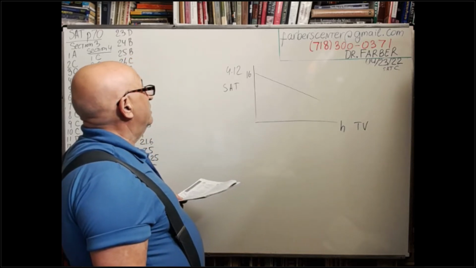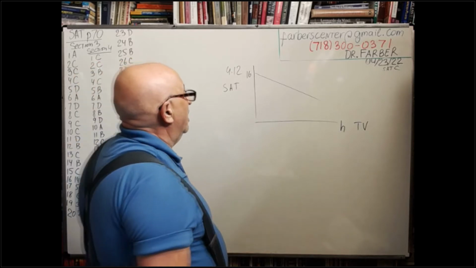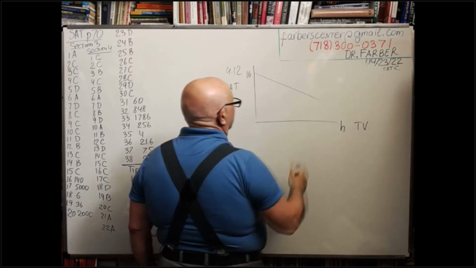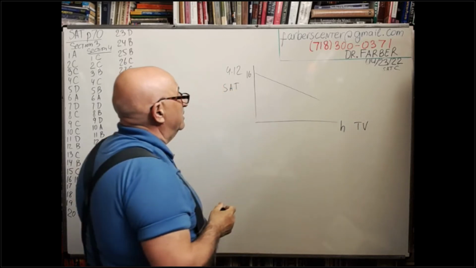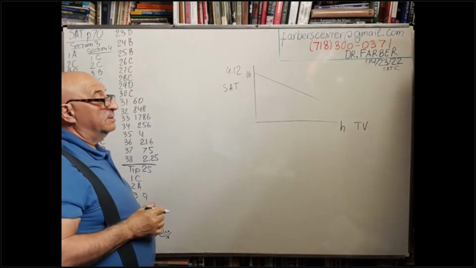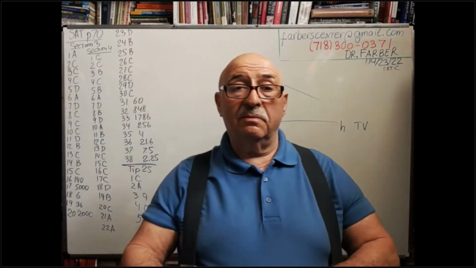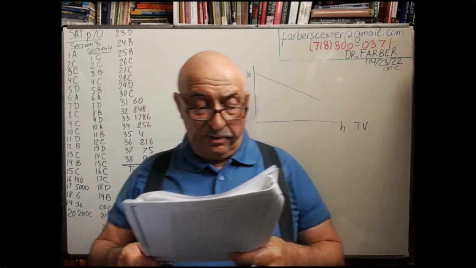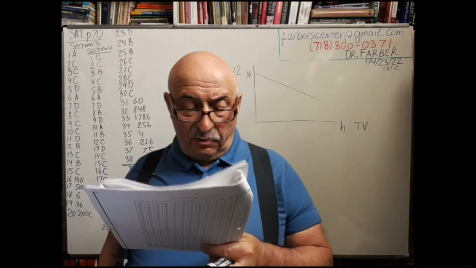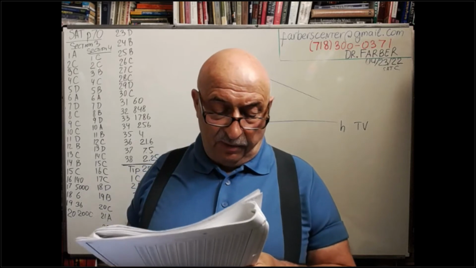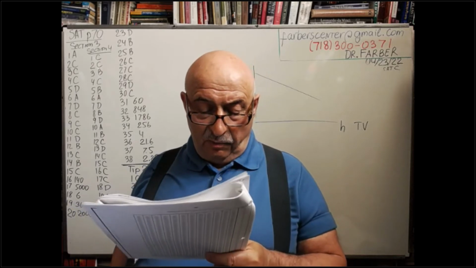The more hours you spend watching TV, the lower your score. As the amount of hours increases, the score decreases. The more time you spend with your gadgets, your score drops down. Look and see: SAT scores vary inversely with daily television device viewing.